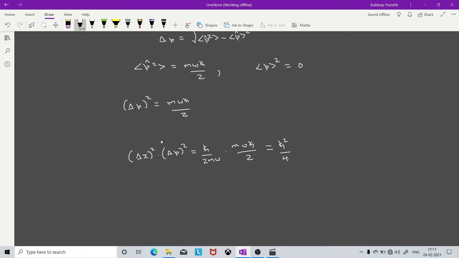If I take the square root, I get delta x into delta p equal to h cross by 2. So you can see that this is the equality condition. This is the uncertainty product for the ground state, and you can see that the uncertainty is minimum.